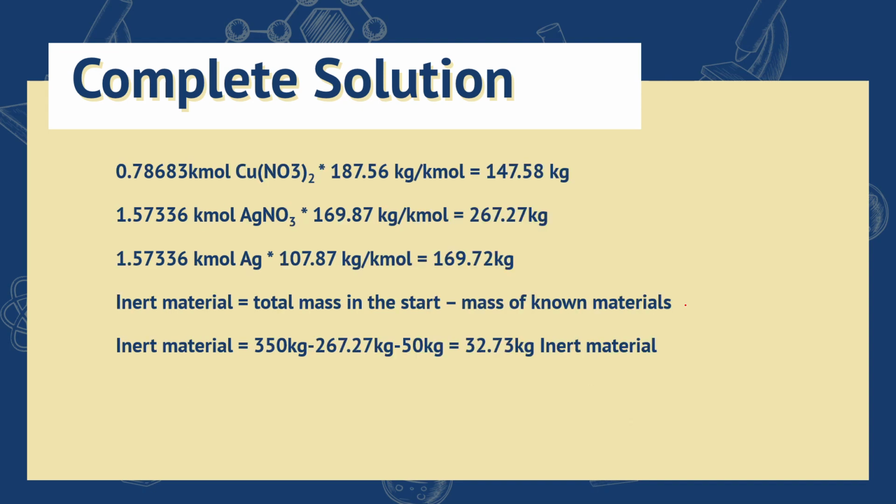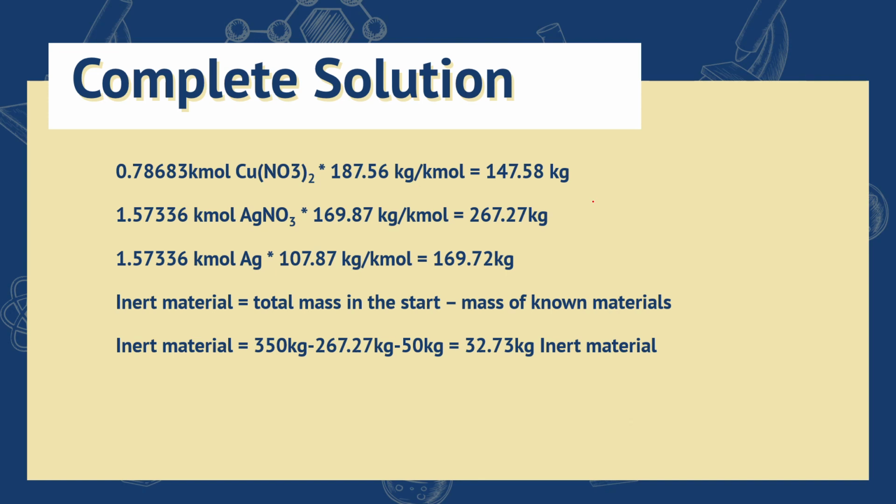But anyways, we now know that the inert material is equal to 32.73. We know that the mass of your silver was 169.72, silver nitrate 267.27, and for your copper 147.58. And with that, we have now gotten all of our solutions correct.